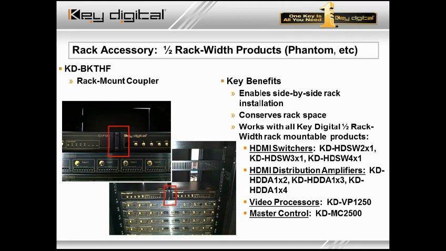But if you're doing multiple of these in a rack and you'd like them to be side by side so as not to be wasting any rack space, you could do that with the KD BKTHF, as in bracket half. It is a rack mount coupler, if you will, enabling side-by-side rack installation and conserving rack space. It works with all the Key Digital half rack width products.